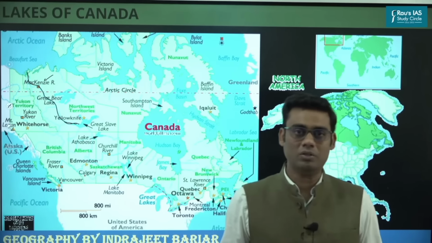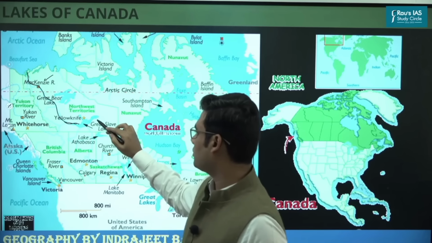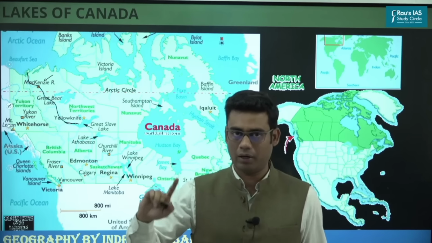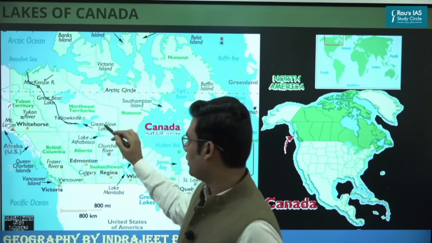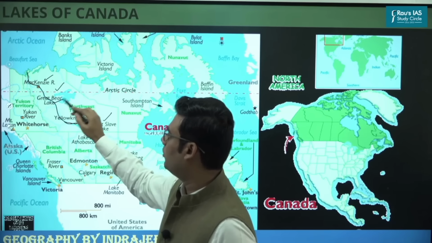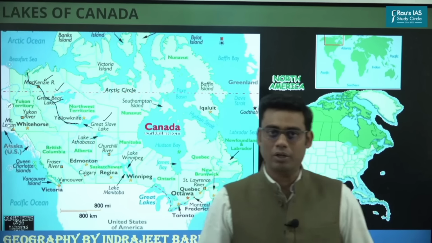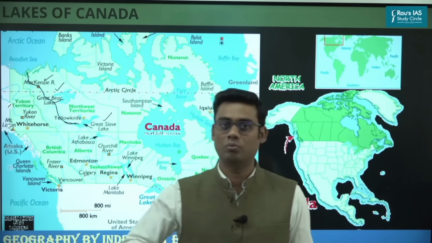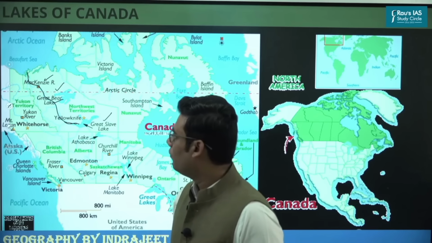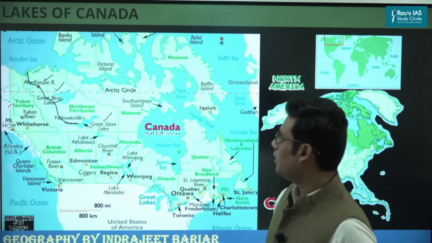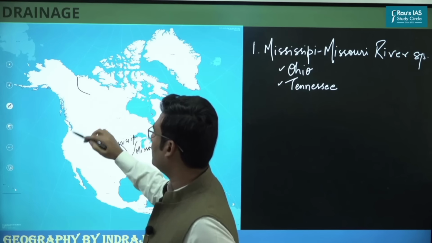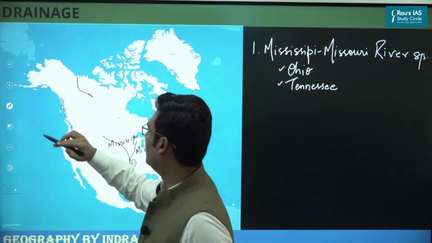An important point about this river is that it passes through both of the two most important lakes of Canada, Great Slave Lake and Great Bear Lake, which it is connected to. So marking it like this, this becomes our Mackenzie River.